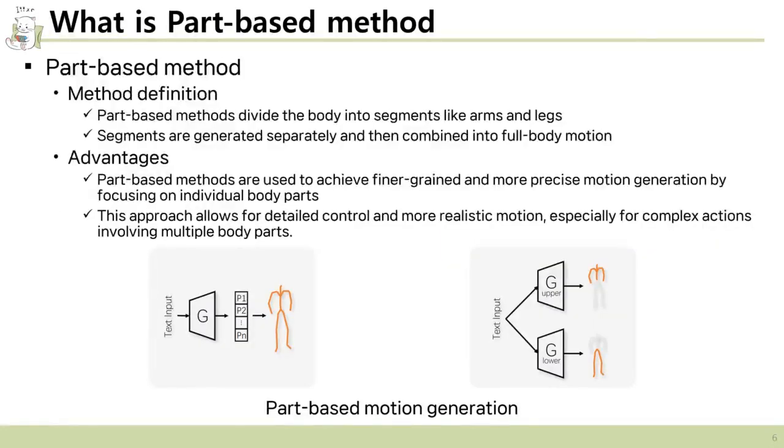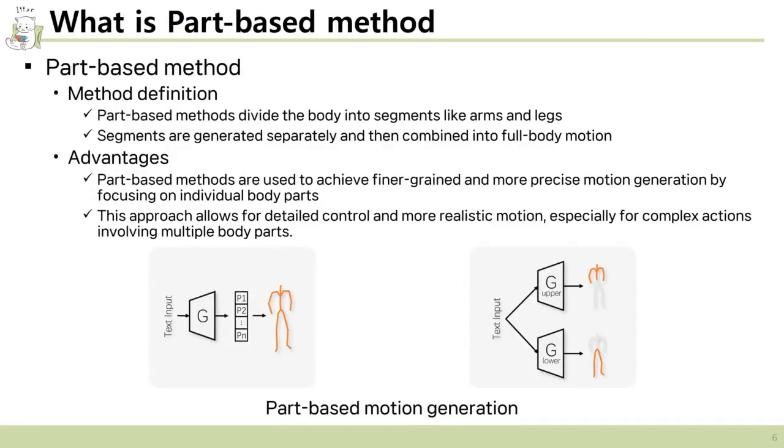Let's now dive into one of the key aspects of this paper, the part-based method. The part-based method divides the body into different segments, such as arms, legs, torso, and head. The idea is to generate motion for each part separately, which offers more control over each part's movement. Once the motion for each part is generated, these parts are then combined to form the full body motion.